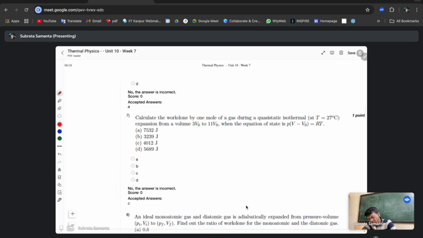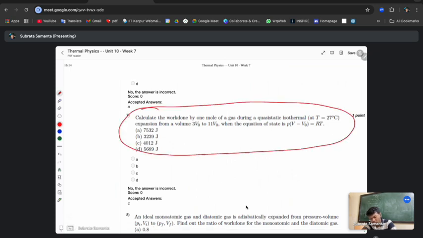Problem number 7. Calculate the work done by 1 mole of gas during a quasi-static isothermal process.